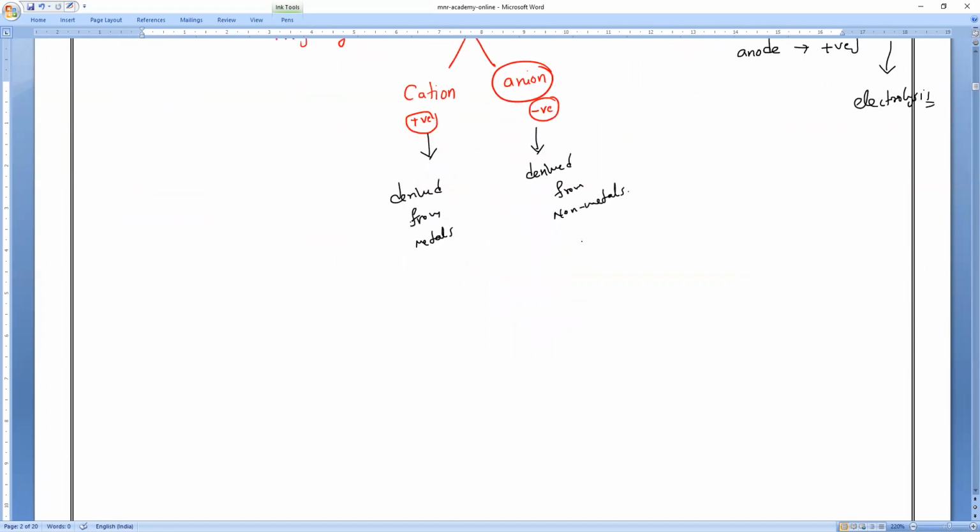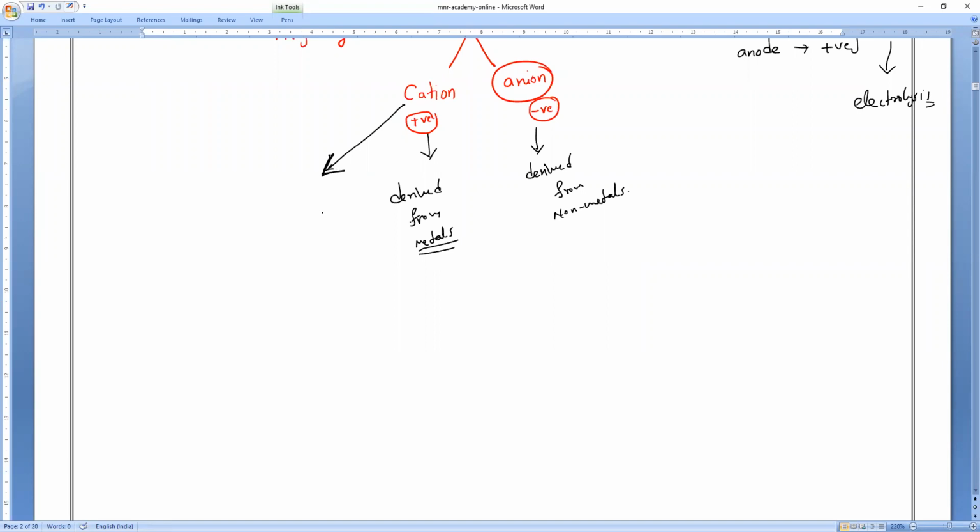Now these cations are obtained from metals. We know metal oxides are basic in nature, and non-metallic oxides are acidic, or some are neutral, for example water.